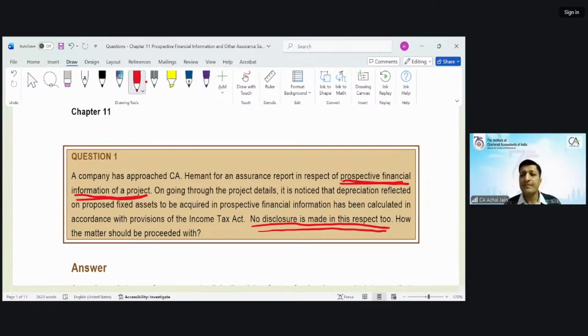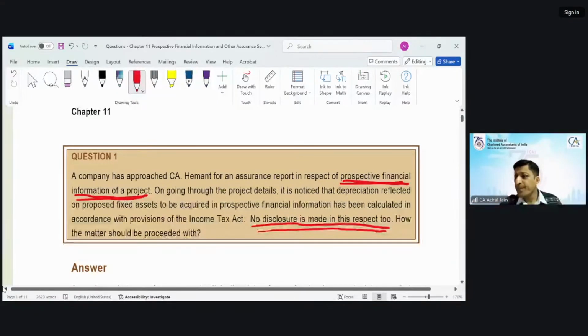Now, in this case, the question is how the matter should be proceeded with. So what do you do? How do you look at it? Before we start discussing this, see, what do you observe in some of the cases? There are different types of engagements that we are talking about.